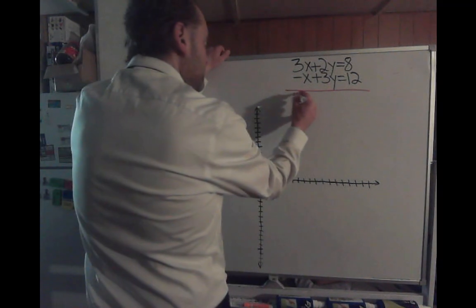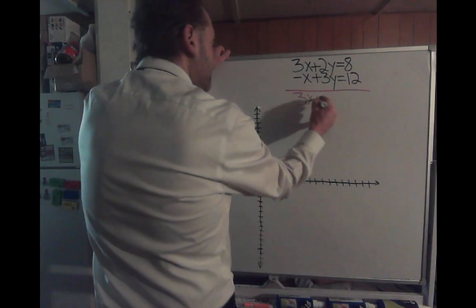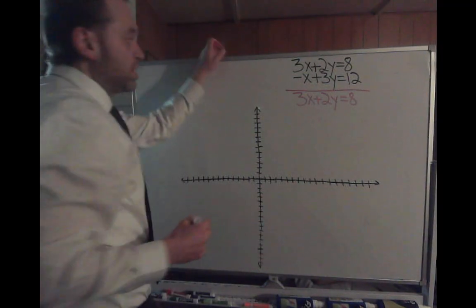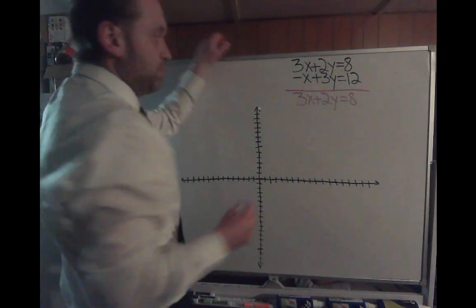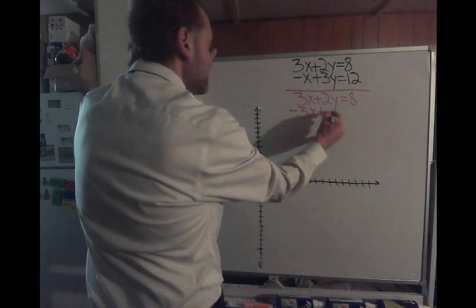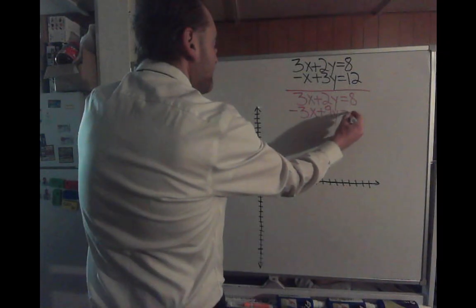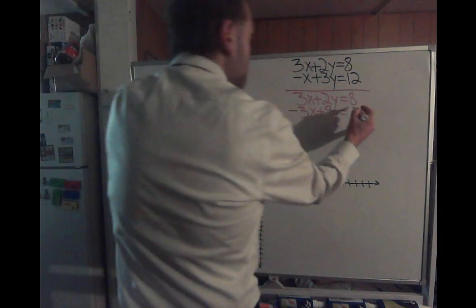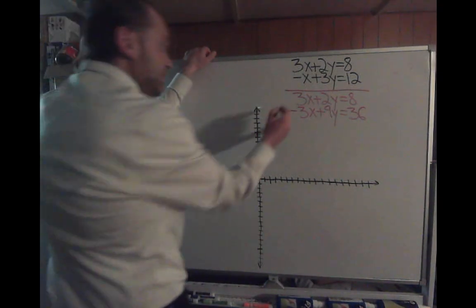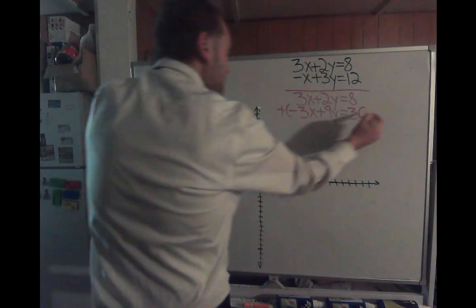So we'll still have 3x plus 2y equals 8, but we want to multiply the second equation by 3. If we do that, we'll get negative 3x plus 9y equals 36. Now I can add these together and eliminate.